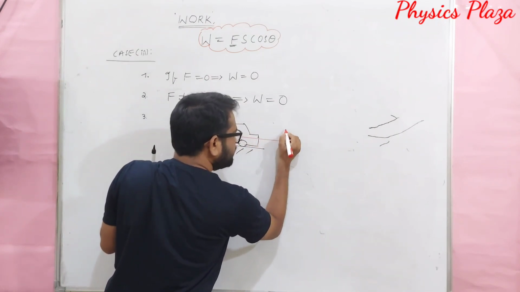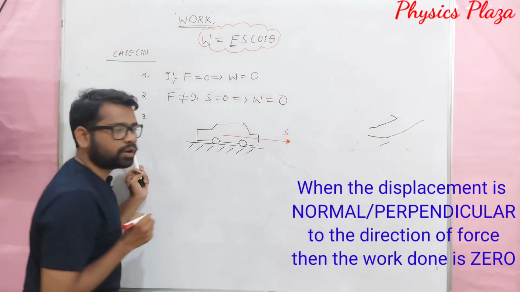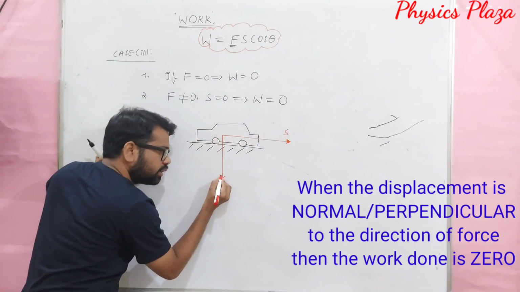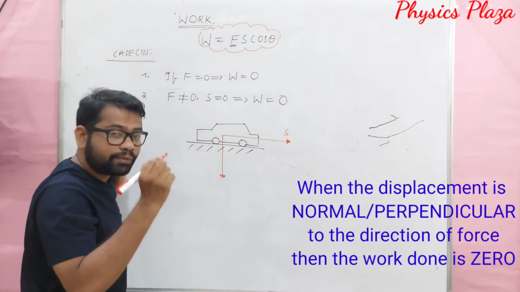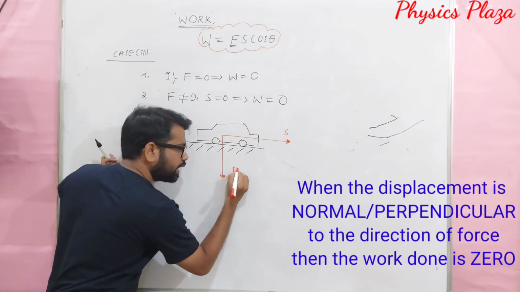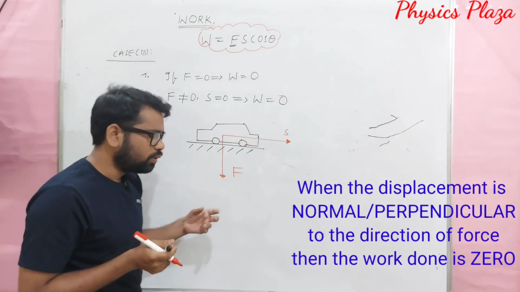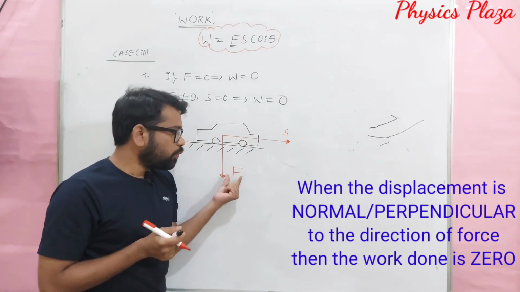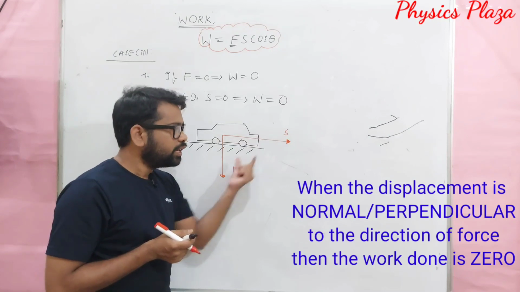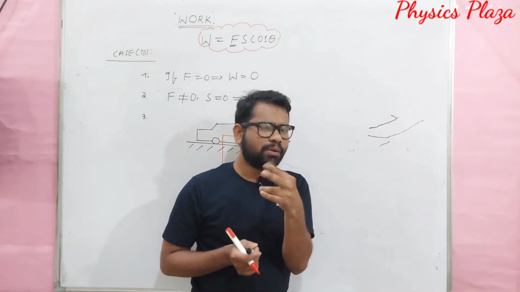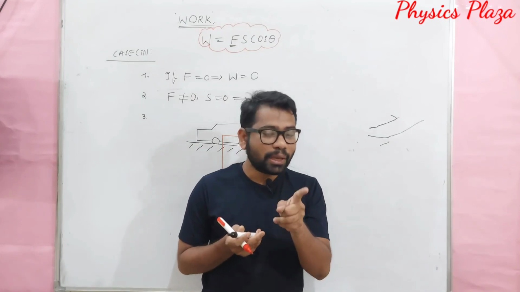So, this is the displacement of the car. And what will be the direction of gravitational force there, children? Gravity is pulling downwards, so the gravitational force is acting downwards. Now, of course, force is not 0, and displacement is not 0. But can we say that work is done? Come on, think. We have to think about the angle also.